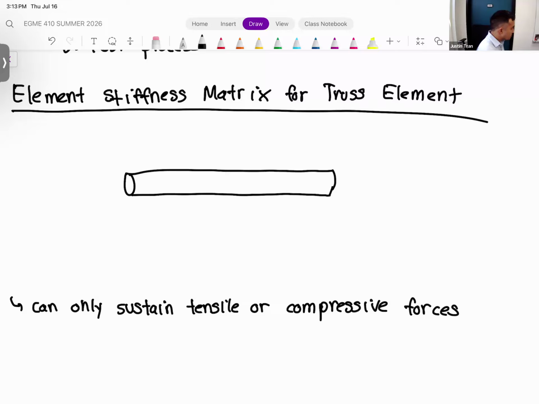So that's going to be the main limitation with truss elements: we're not going to consider any transverse deformation or any bending deformation. It's only going to be tension and compression along the length of our truss bar.